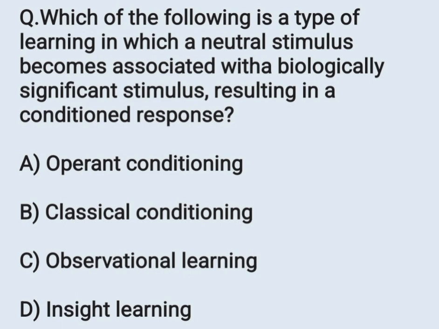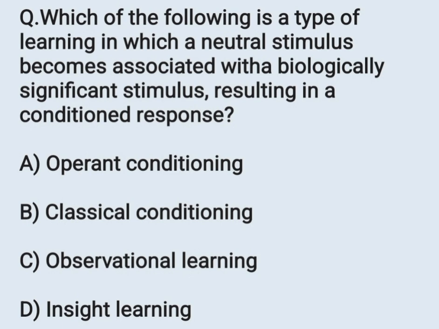Let's start the question. Which of the following is a type of learning in which a neutral stimulus becomes associated with a biologically significant stimulus, resulting in a conditioned response? Options: option A, apparent conditioning; option B, classical conditioning; option C, observational learning; option D, insight learning.